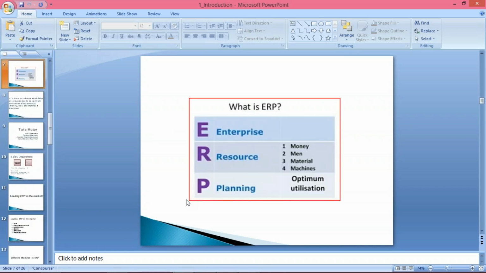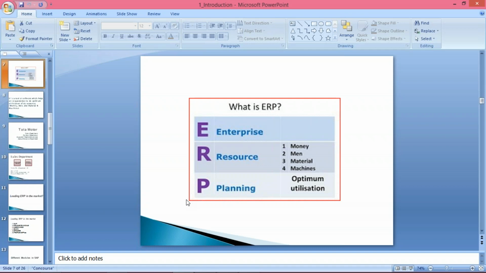The answer is hidden in the full form of ERP. ERP stands for Enterprise Resources Planning. Now, if we break this down, enterprise separately, resources separately and planning separately, then we will get our answer.